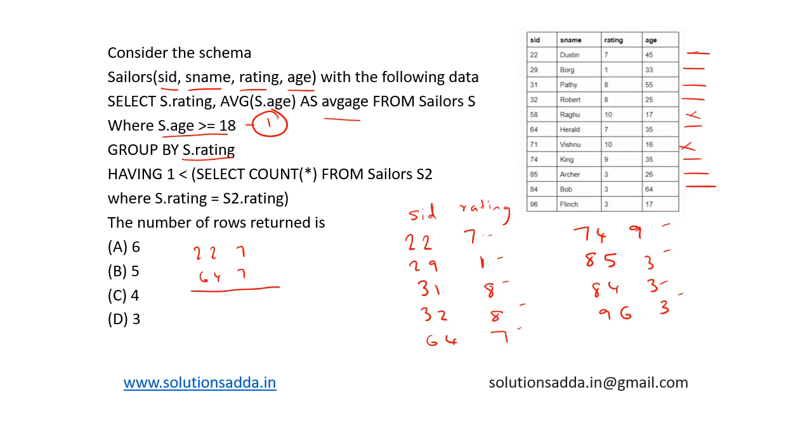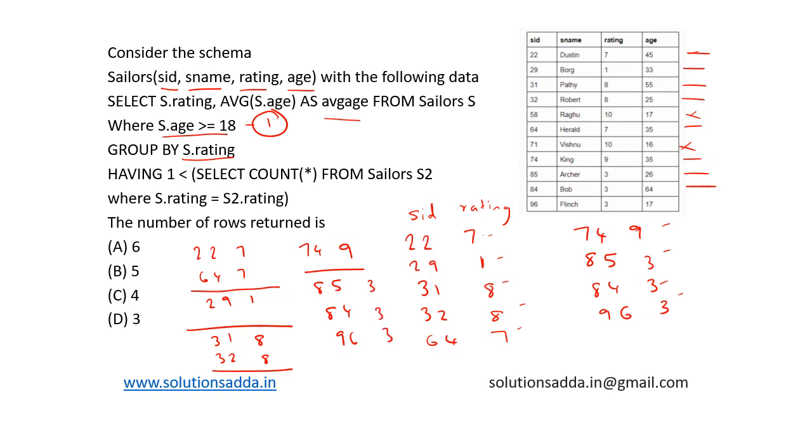Next group, we have 1: 29,1. Next group, we have 8, which appears 2 times: 31 and 32 are having 8. Next we have 9, for 74 only 1. And last we have 85, 84, 96. All these are having rating 3.